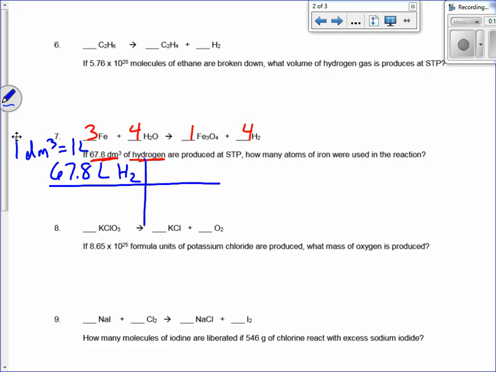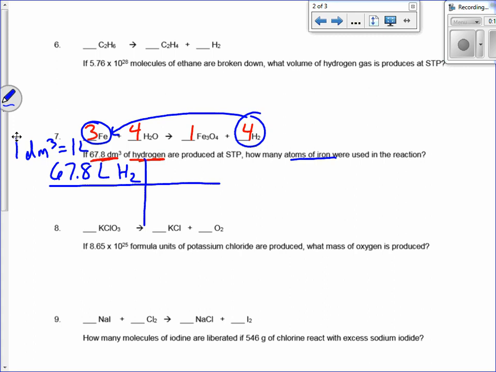Now, I'm working to which other thing in the balanced reaction? Which other substance? I want atoms of iron. So, I'm going to start here, and I'm going to work it over here to my iron. That's my destination. Starting with hydrogen, I'm going to work it over to iron.